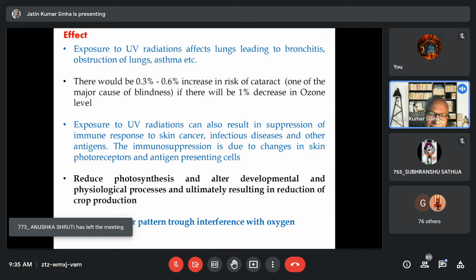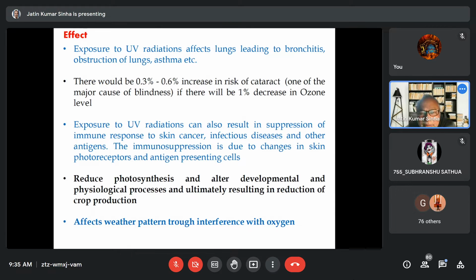Health problems, and also the weather pattern changes. Once UV exposure happens, it affects your lungs, which leads to bronchitis, and obstruction of the lungs leads to asthmatic problems. Also, there is a 0.3% to 0.6% increase in risk of cataract. If you are exposed to UV radiation, your eyes are affected, so the percentage of cataract increases.